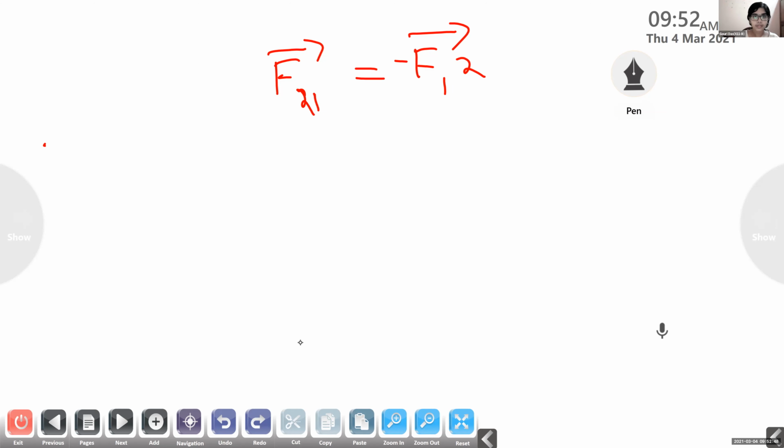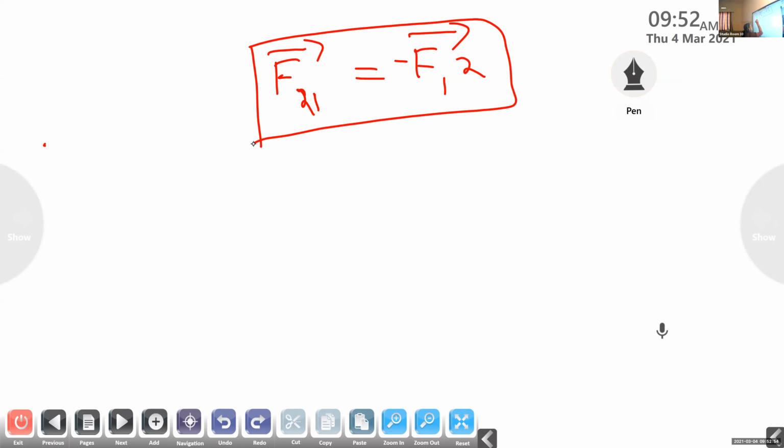Newton. Newton's third law of motion. So according to Newton's third law of motion, to every action there is an equal and opposite reaction. Here we have two forces, but they are equal and opposite. So from this equation we can say that Coulomb's law obeys Newton's third law of motion.